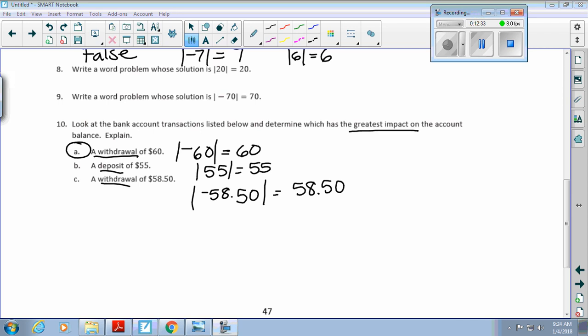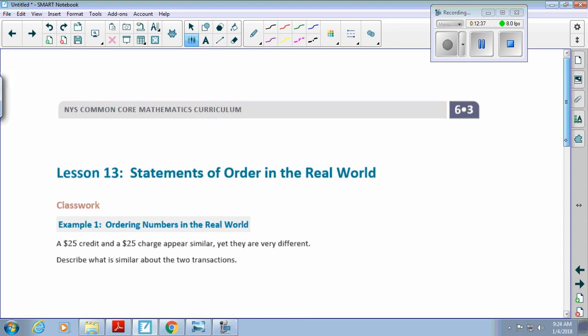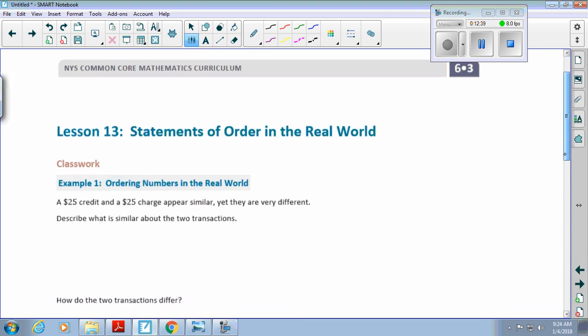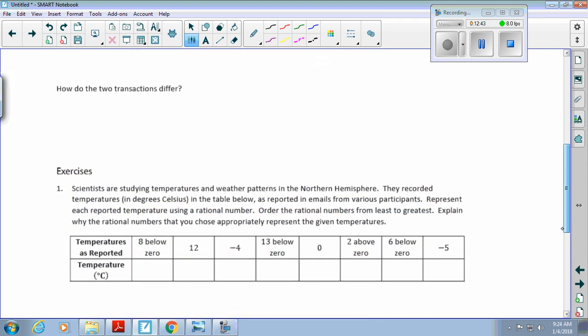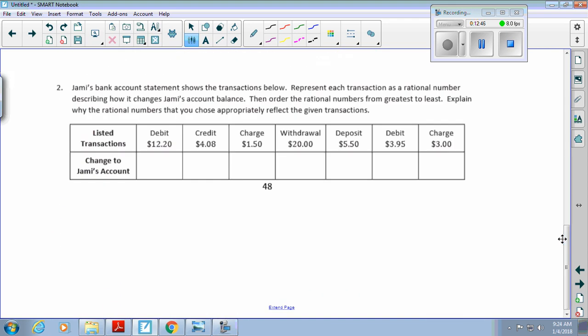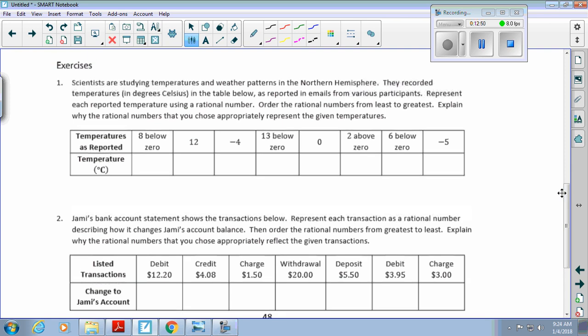We are going to move on to today's lesson on, I'm not sure which page in your module, but it's lesson 13, statements of order in the real world. 48. I'm skipping a bunch of stuff on this today. I'm sure it's going to break a few hearts, but I don't think so. Pretty much all we're looking at is, do you know the wording that would indicate a positive or a negative number?